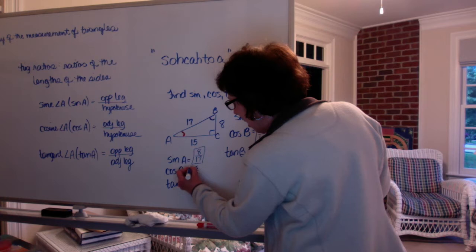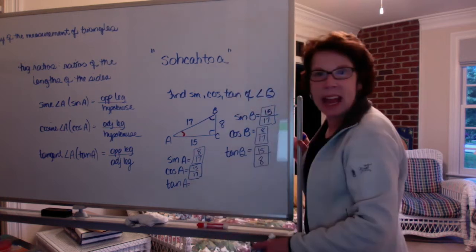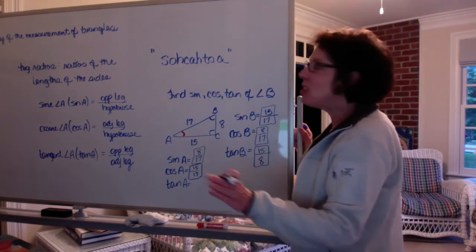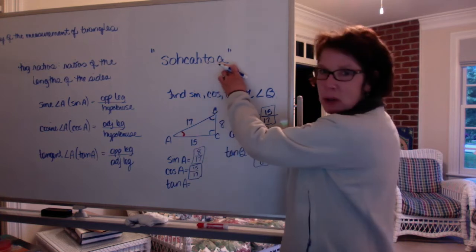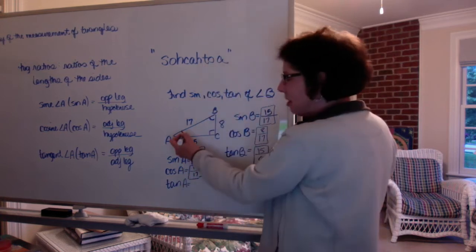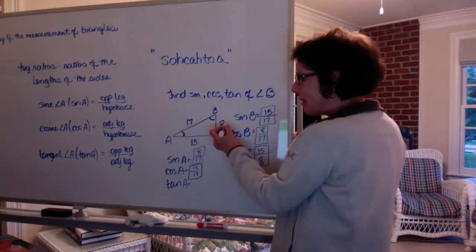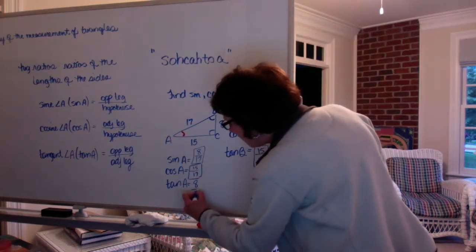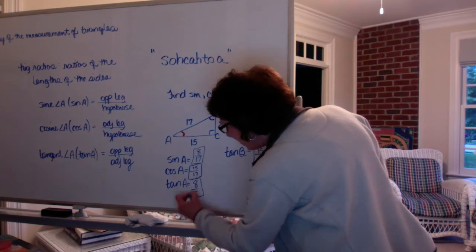Sorry, I made that kind of small. Now, what is the tangent of angle A? Tangent is opposite over adjacent, TOA. So, the tangent of angle A is going to be my opposite over my adjacent. It's going to be 8 over 15.